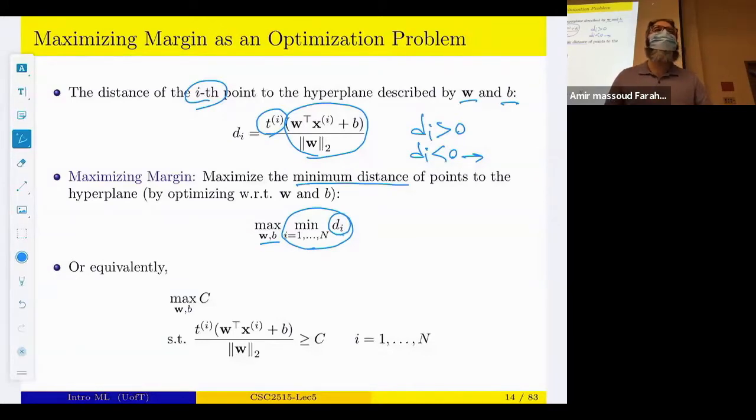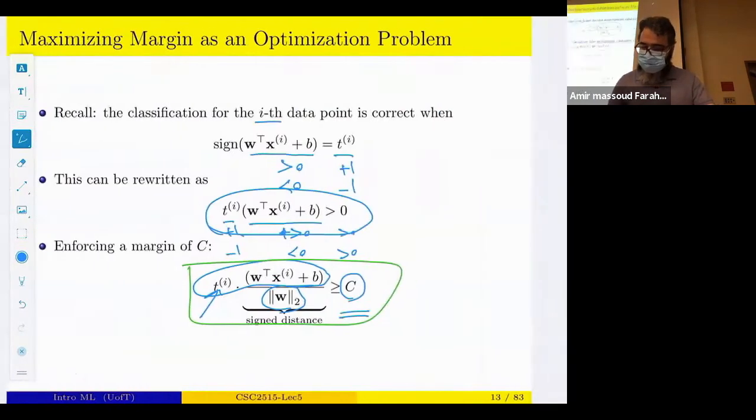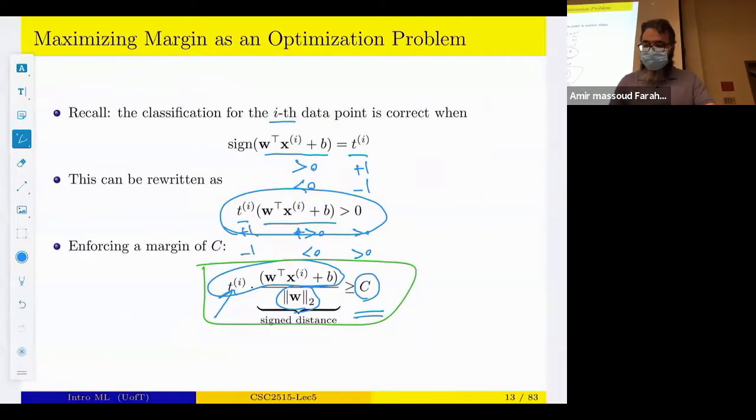But is d_i sometimes negative? If you go to the previous slide, this is d_i that is greater than a constant, and the constant is negative. So this basically means that we are on the right side and the margin is c.